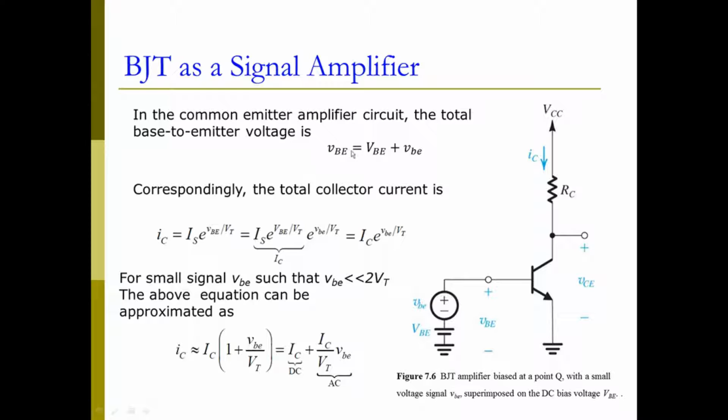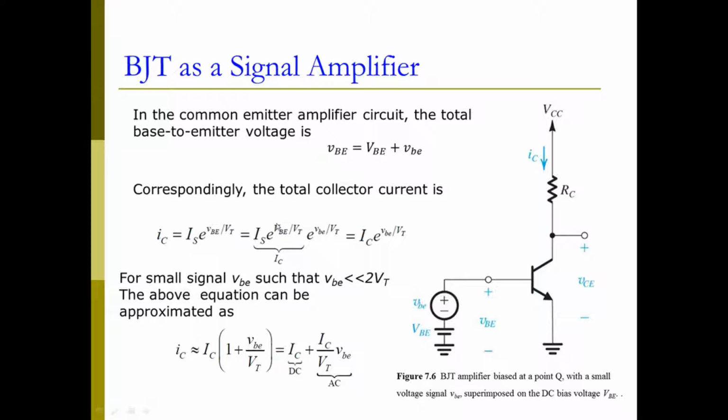Correspondingly, the total collector current can be described by this formula, and if we plug in both the DC and AC voltage, we get this formula here. The first two parts are only related to the DC signal.